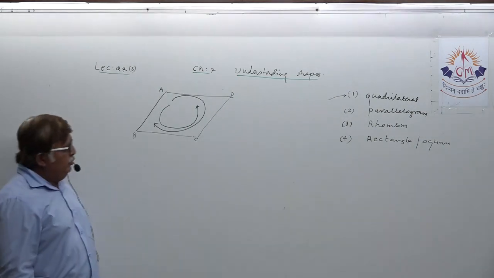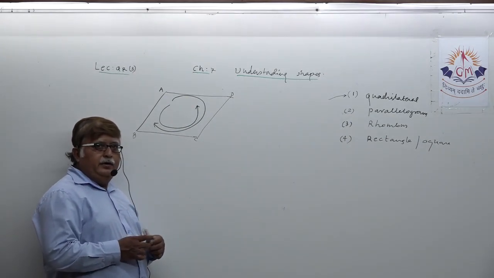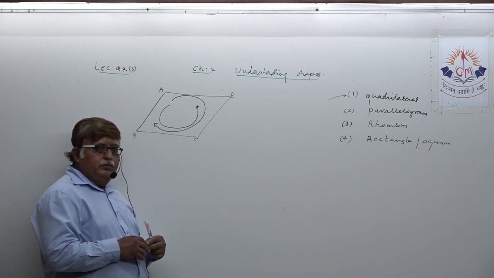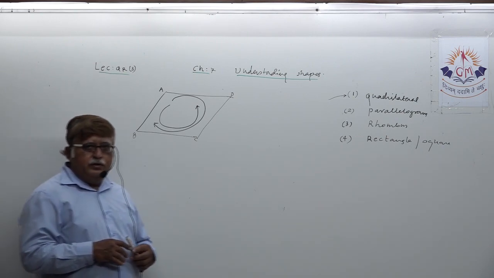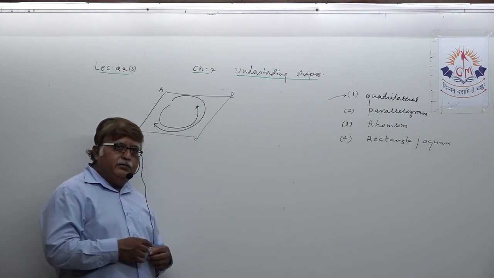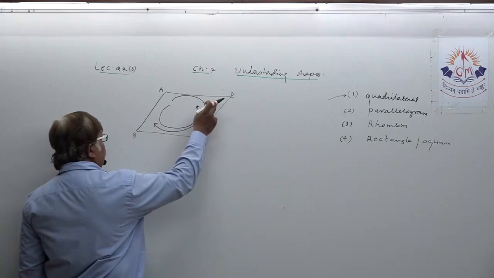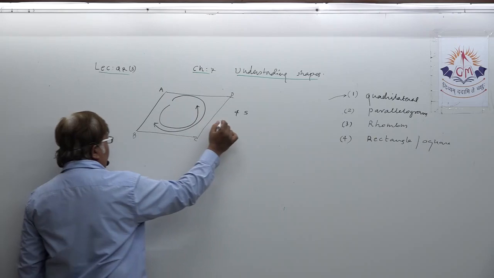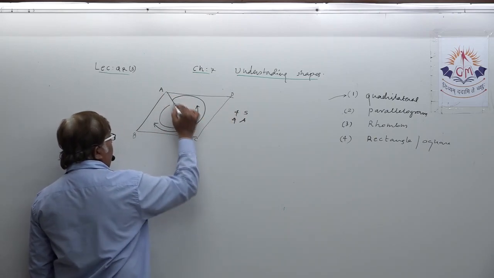Now, one more important thing. If you want to list the elements of a quadrilateral, how many parts does a quadrilateral have? You all know 4 sides, 4 angles and 2 diagonals.